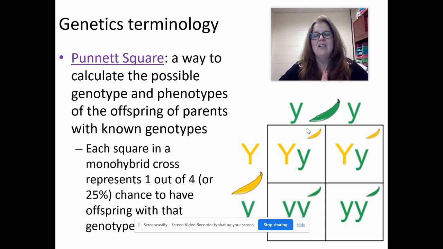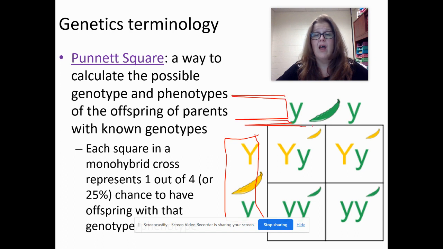And in pea plants, yellow is dominant to green. So you can see that we have one parent over here, and this is our other parent over here.